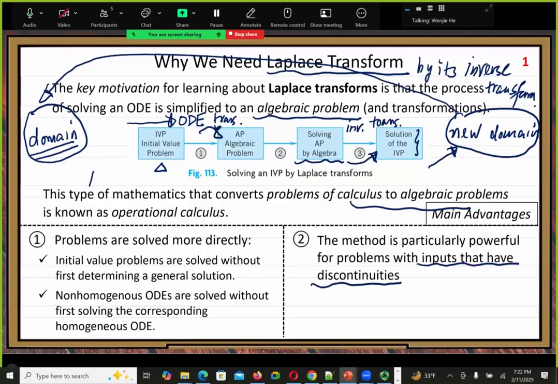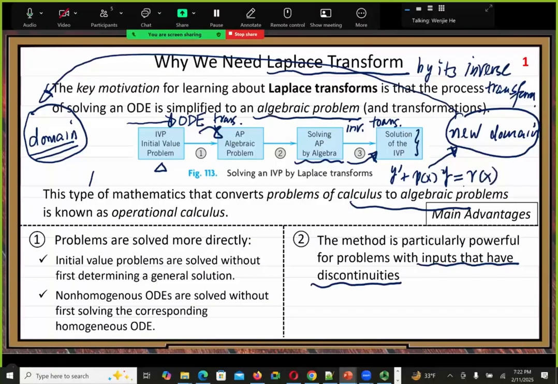So what's that input? Let me remind you, when we learned first order ODEs, we considered the special equation y prime plus p of x times y equals r of x.